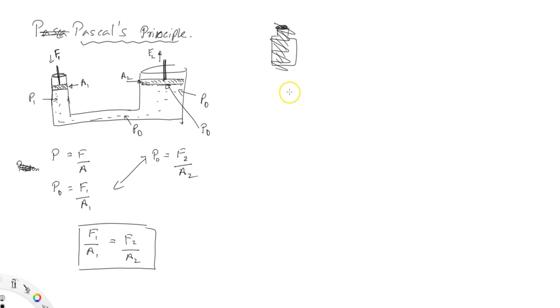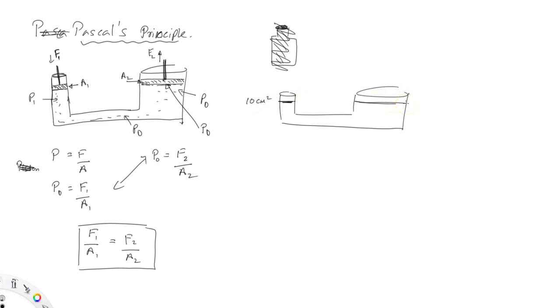Let's say here's this setup with two cylinders. One more time. This side, let's say we have a small area of 10 centimeters squared.